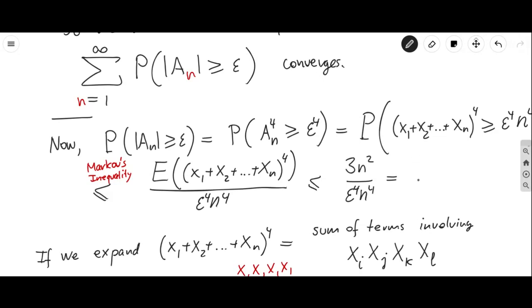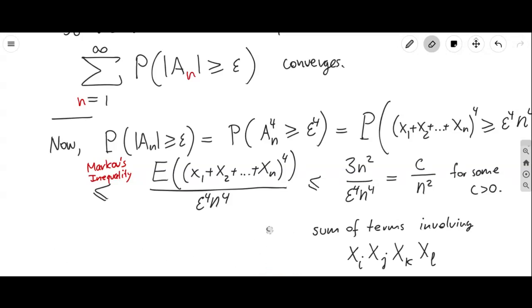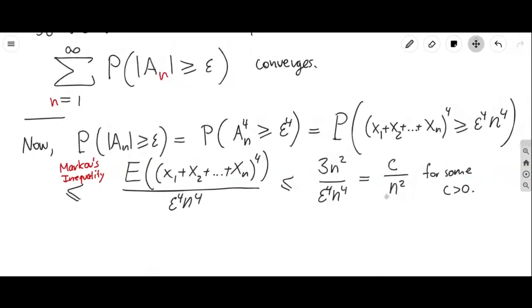So this is just some constant divided by n squared, for some positive c. And now we can remove all of the work that we did below, because it's no longer necessary. That was just to justify this inequality. And now we can return back to this probability.